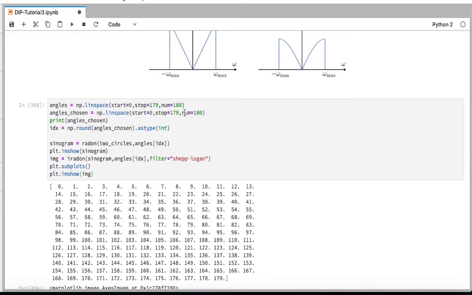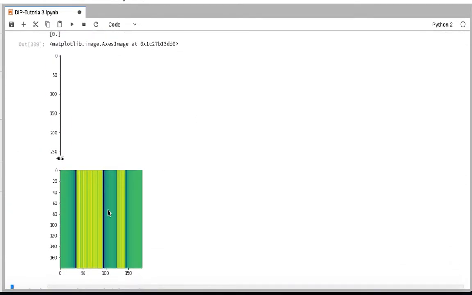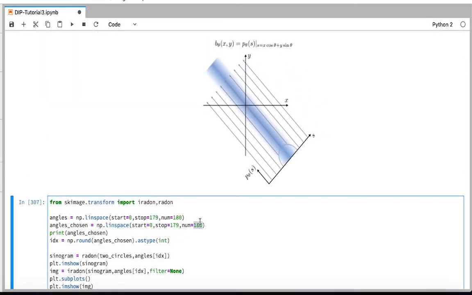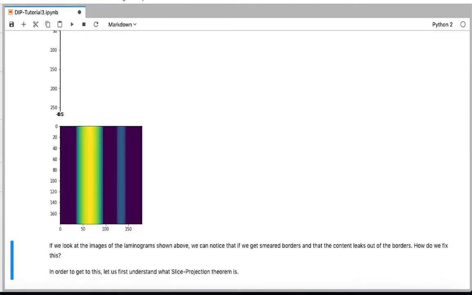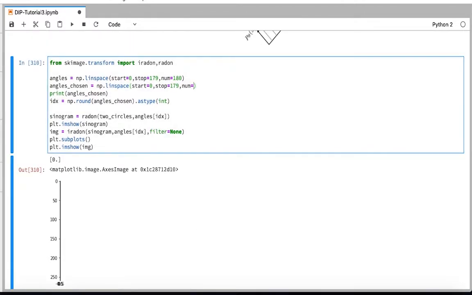So now we'll see with one angle. Before, if you remember, we saw only one angle. Okay, it's not really evident here. Let's see with 10 angles.